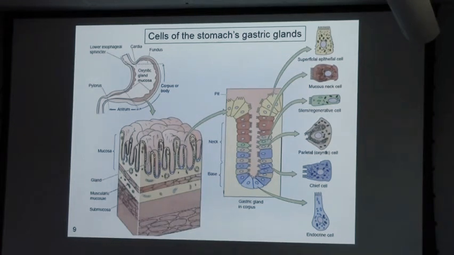So here is a cartoon of the stomach with some names that you're starting to learn. Here is a blow-up of the inner surface of the stomach. So this would be the serosa. And here are longitudinal and circular muscle.